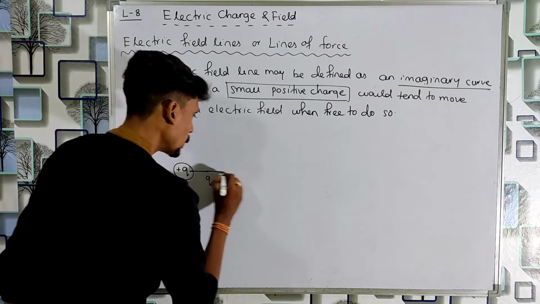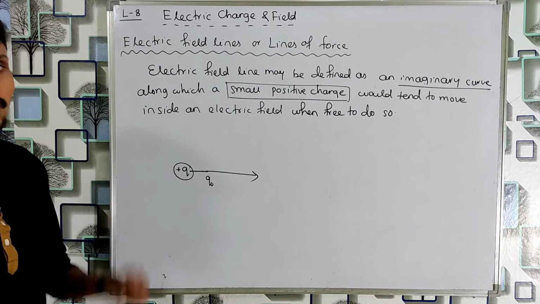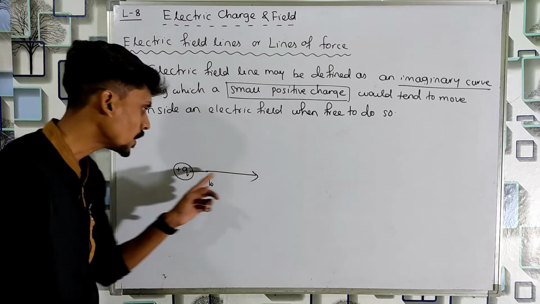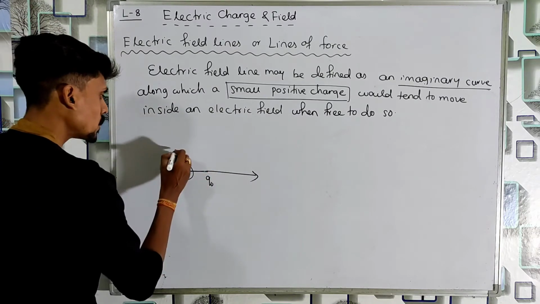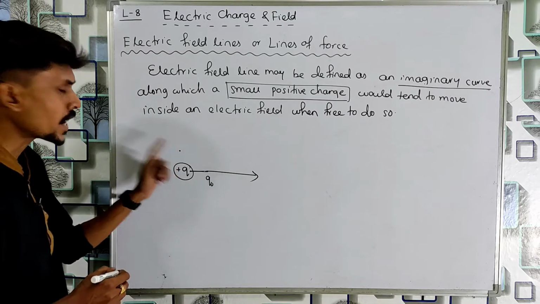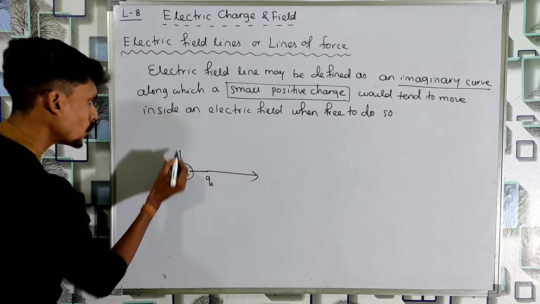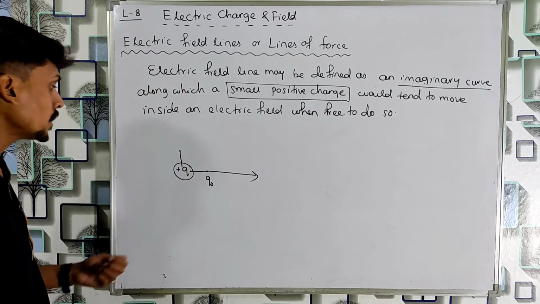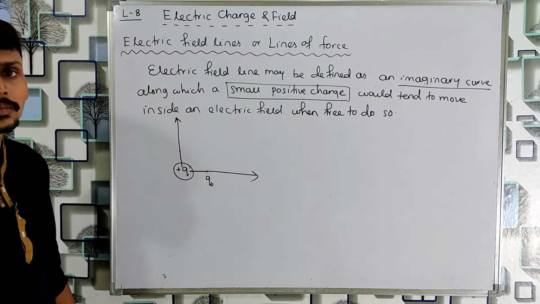So this is the trajectory, or the path followed by the test charge. So this is the electric field line. Similarly, you can place the test charge at this point. Then the force will act along this line and hence the test charge would move along this direction.